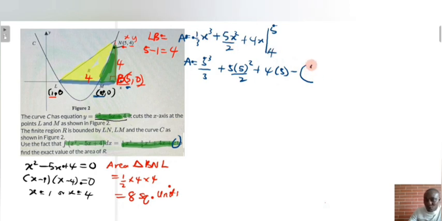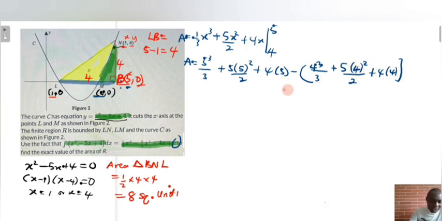So I'm going to have 4 to the power of 3 all over 3 plus 5 squared all over 2 plus 4 times 4. Okay, sorry, this should be 4, not 5, because we are substituting in the value of 4 this time around.